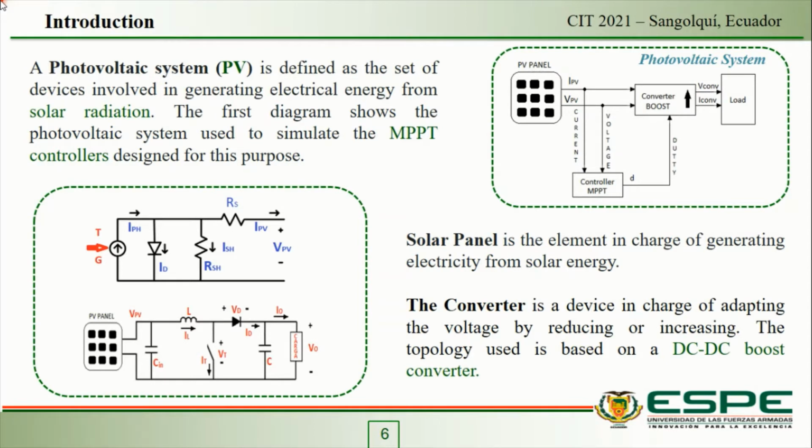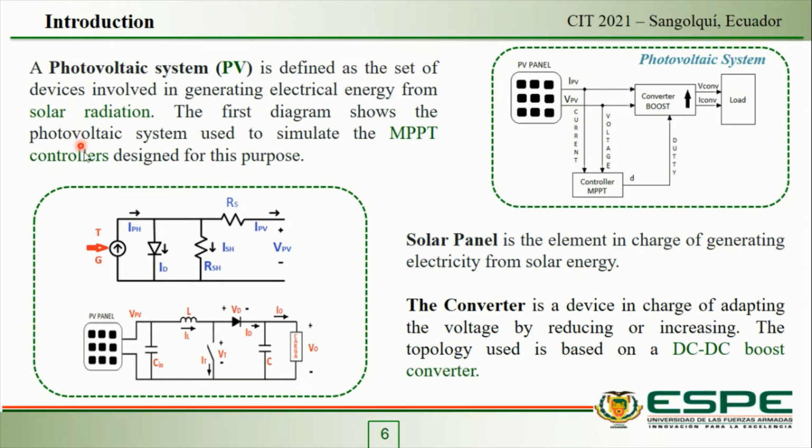A photovoltaic system (PV) is defined as the set of devices involved in generating electrical energy from the solar radiation. The first diagram shows the photovoltaic system used to simulate the MPPT controllers designed for this purpose. Solar panel is the element in charge of generating electricity from solar energy.